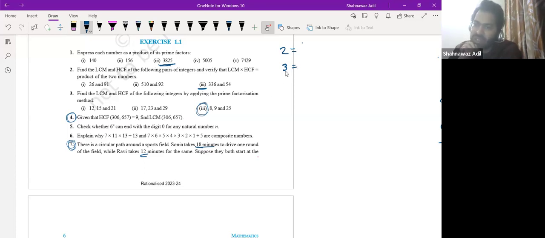And what about the divisibility of 3? How can we check that? When we add the sum of the digits, it should be divisible by 3. Yes, absolutely right. So we add these digits 7, 4, 2, 9, and if the sum is divisible by 3, then this number would be divisible by 3.